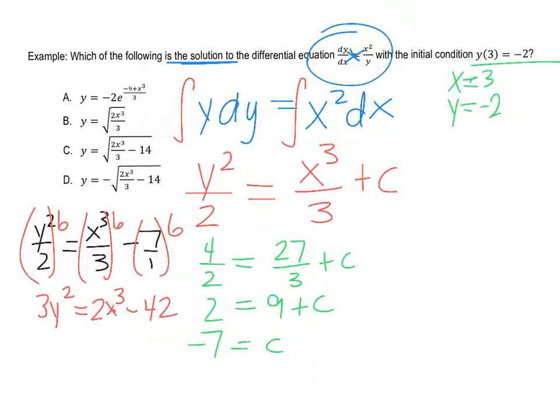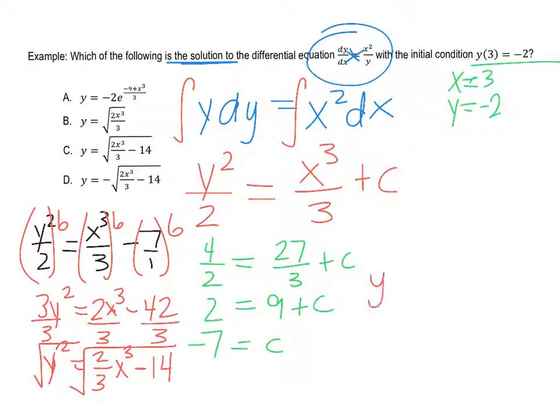My goal is to solve for y here, so I'm going to divide everything by 3. So y squared is equal to 2/3 x cubed minus 14. And then I have to take the square root on both sides. So here I have y is equal to the square root of 2/3 x cubed minus 14.